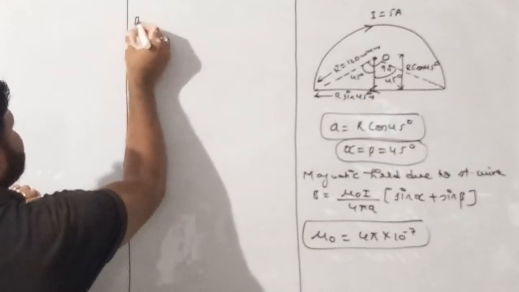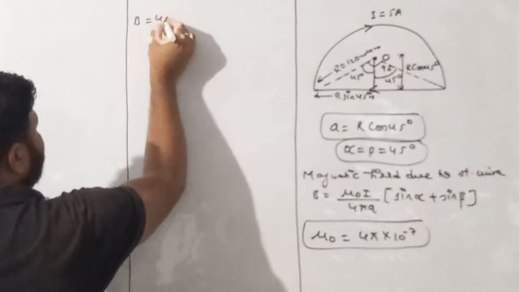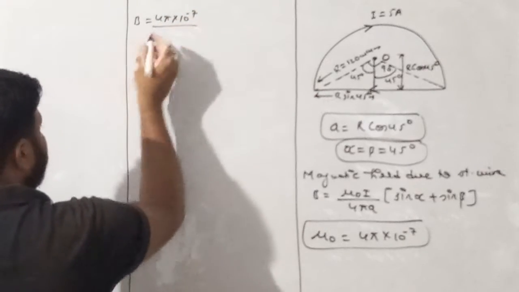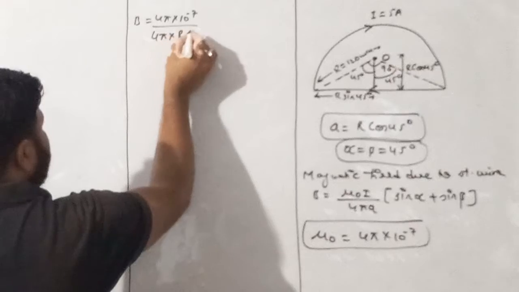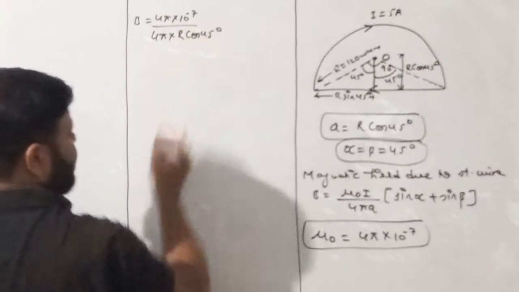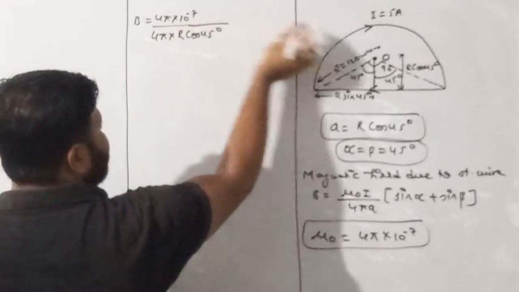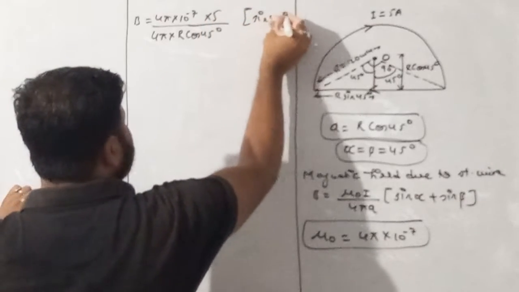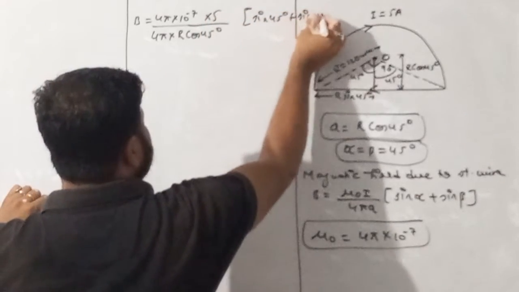Alpha and beta are 45 degrees. So B is equal to 4 pi into 10 raised to power minus 7 divided by 4 pi into R cos 45 degree, the current is 5 ampere, times sin 45 plus sin 45.